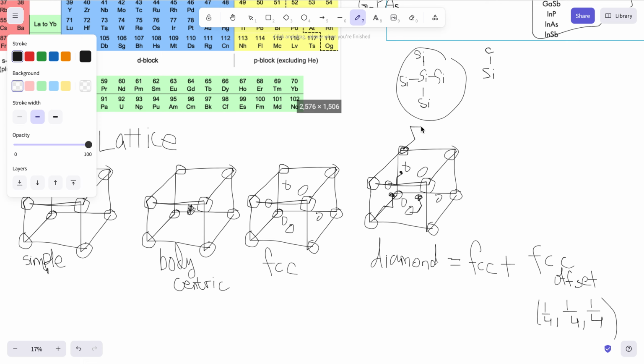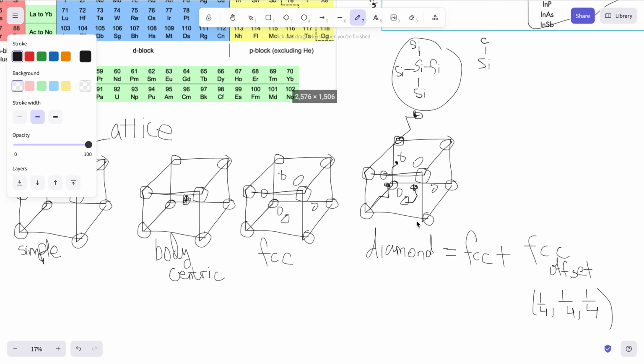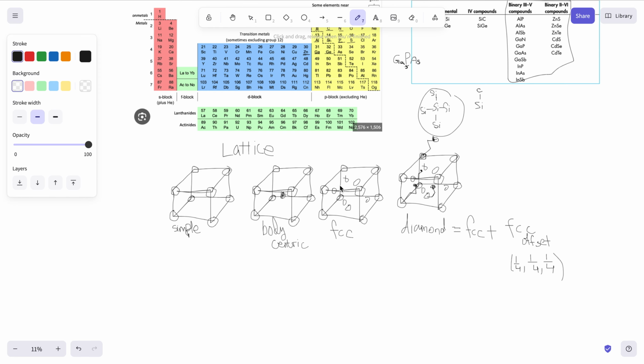In whichever unit cell is above this unit cell, there would be an atom right here, above and to the left. There would be an atom right there that's offset by this corner atom. And so this is called diamond lattice. Many crystal structures for semiconductor materials are formed in this, for example silicon, like I said. Also carbon forms in these shapes, which is why it's called diamond, actually, because diamond crystals form in this lattice form.